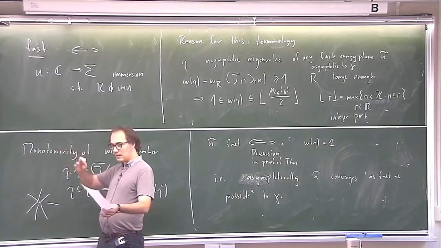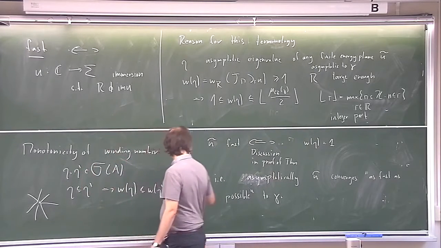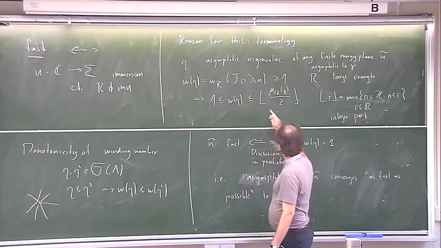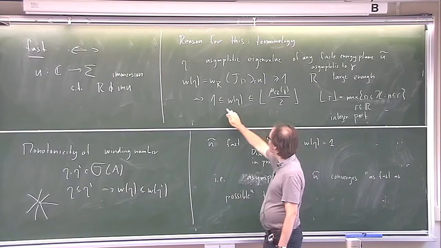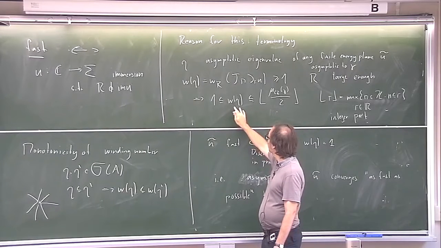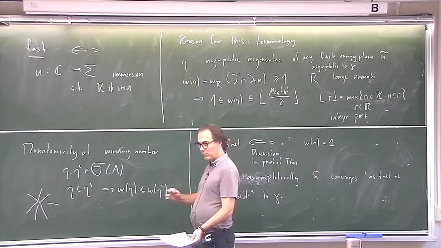So now you look at the subspace just of the fast ones, which you can interpret as the ones which have this asymptotic winding number equal to 1, and this is a much smaller moduli space.